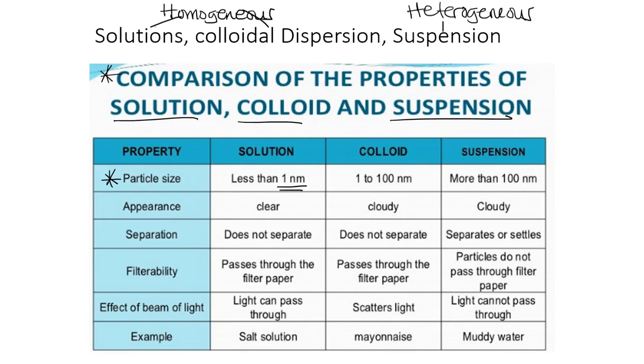If you have particle size of the components of the mixture within 1 to 100 nanometers, that mixture is called a colloid. If the particle size of the mixture is more than 100 nanometers, that mixture is called a suspension.